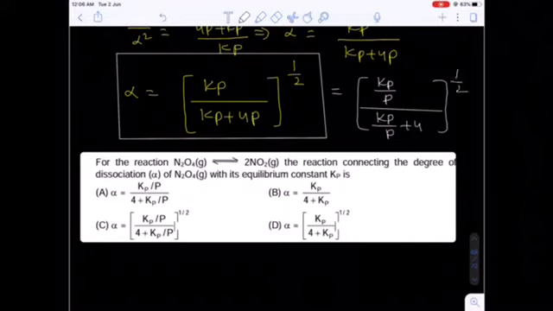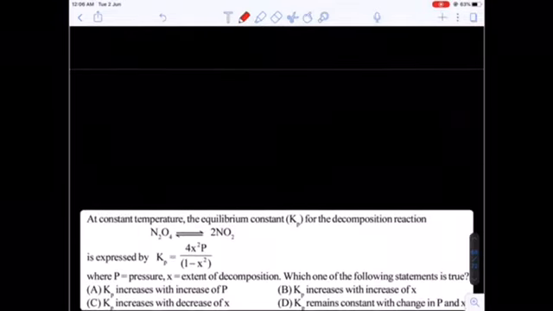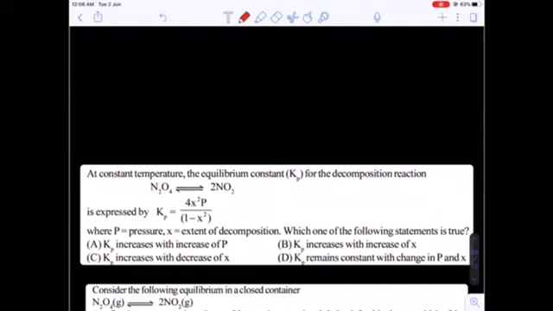Are you getting my point? Which option will this be? Option number C. This is an important question.